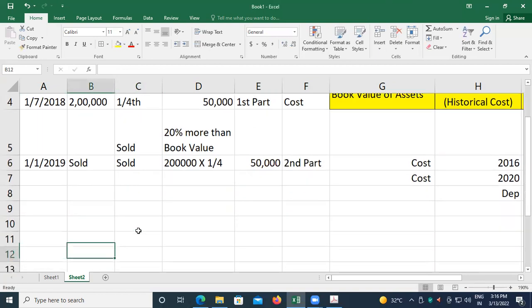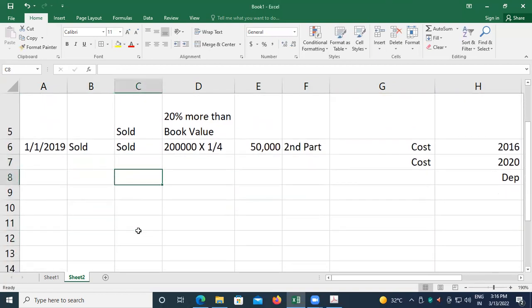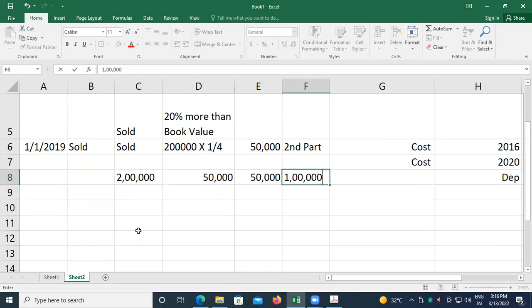Let us do one working note here. 2 lakh rupees is the value. In that, two times we have divided the whole machinery into two parts. First part is 50,000, second part is also 50,000, and the remaining will be 1 lakh rupees. So this is the split of the first part of the machinery.